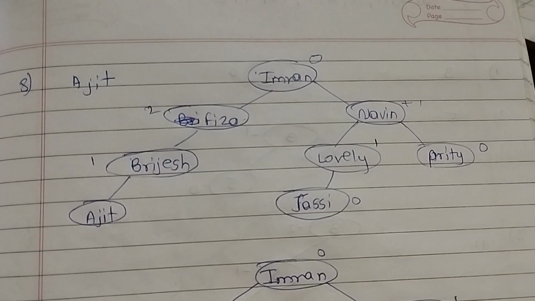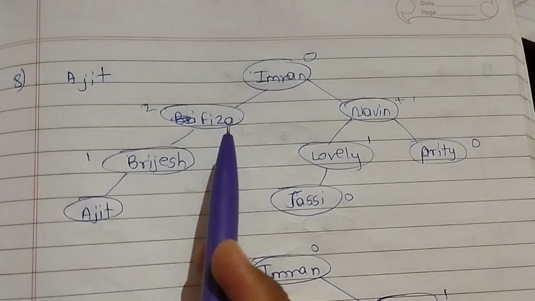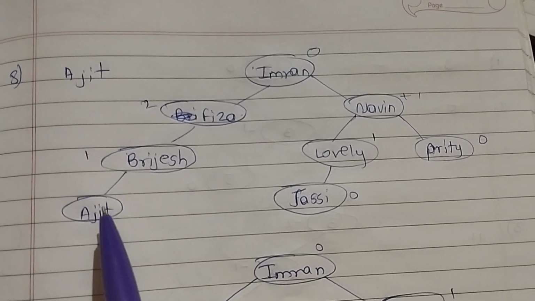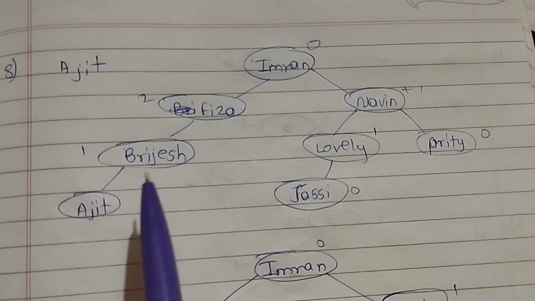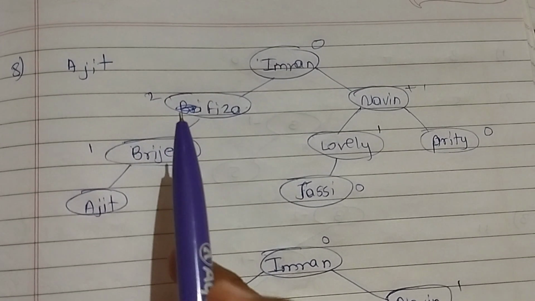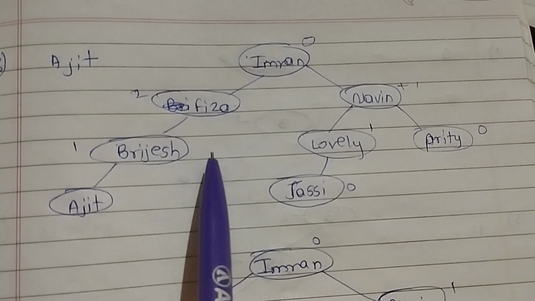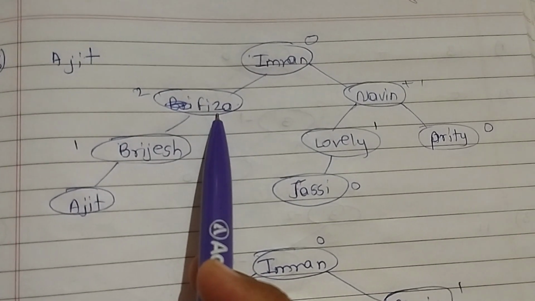Now the word Ajit comes. A is smaller than I, F, B, so Ajit goes to the left child of Brijesh. Now the balance factor of Fiza is 2, because 2 minus 0, since no right child is present on Fiza.